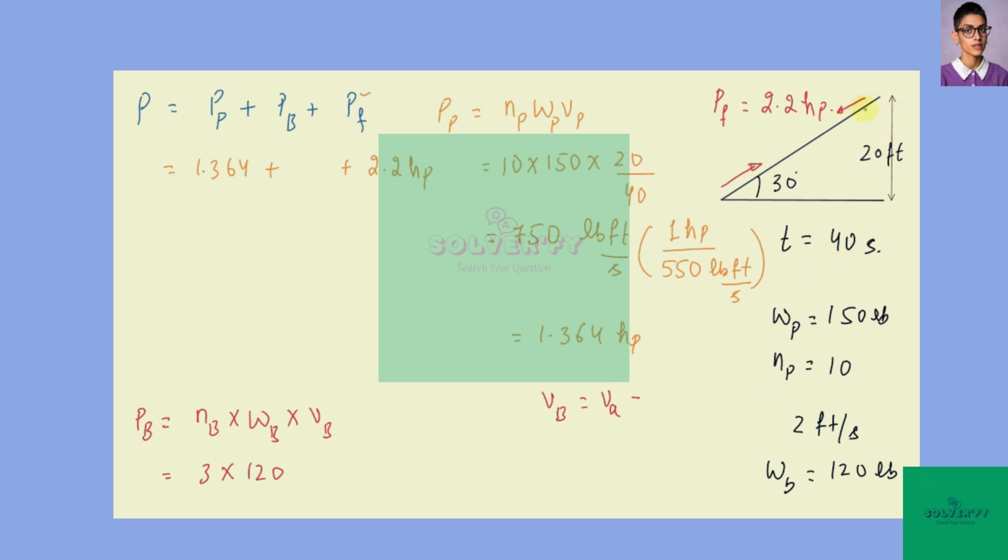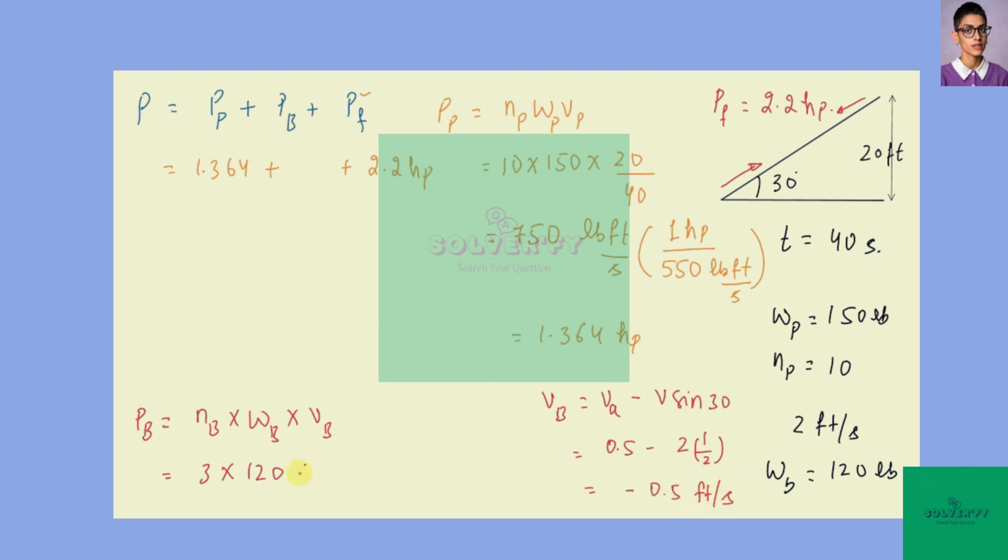In this we have to take this component, so this would be V sine 30. The velocity of the escalator is 20 over 40, which is 0.5, minus V, we have 2 feet, so 2 sine 30 is 1 over 2. So we get this value to be negative 0.5 feet per second.